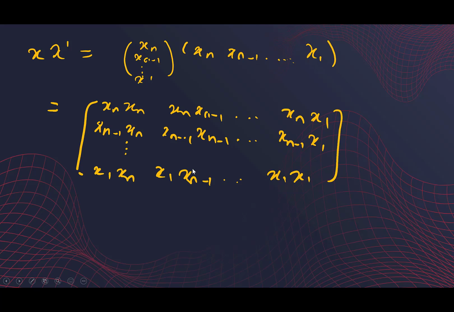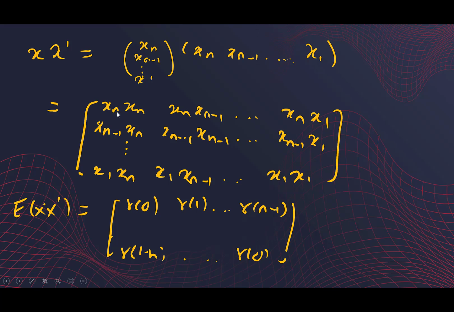So what you end up with is an n by n square matrix. And now taking the expectation of this matrix is the same as taking the expectation of each of these elements. So if I take the expectation of this, that's gamma 0, gamma 1, and so on. So this is nothing but this matrix, which is gamma n.